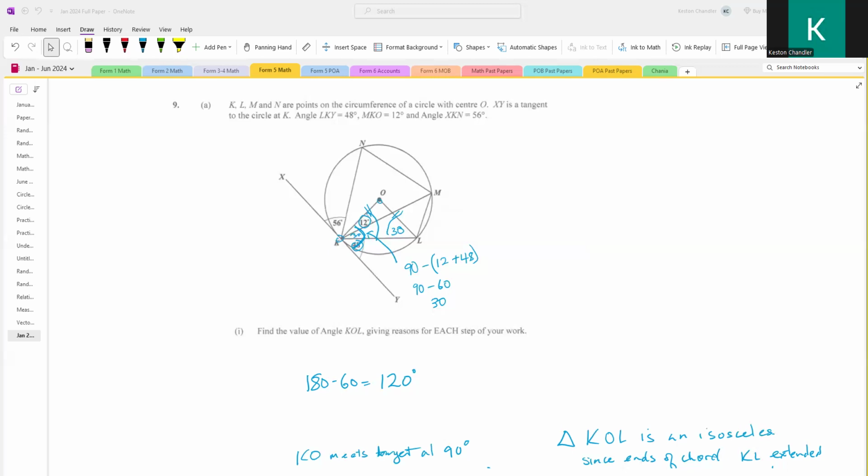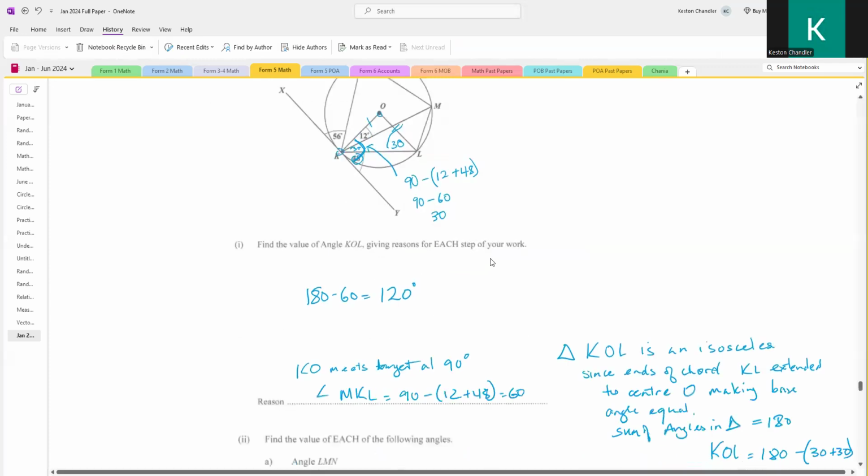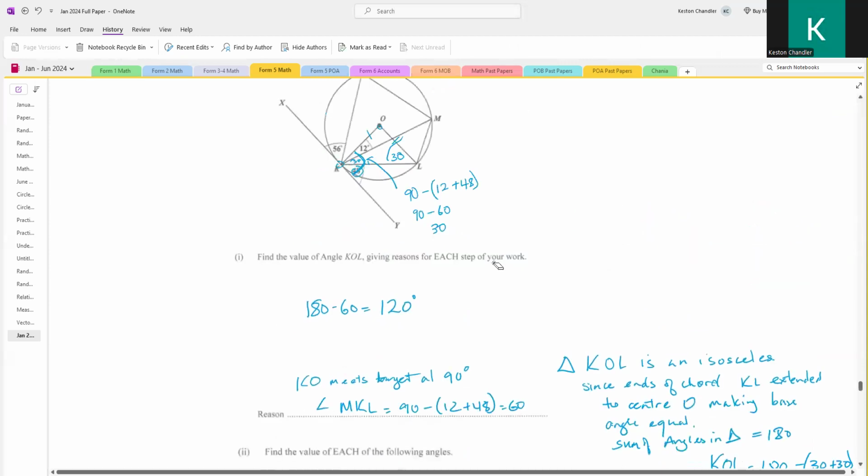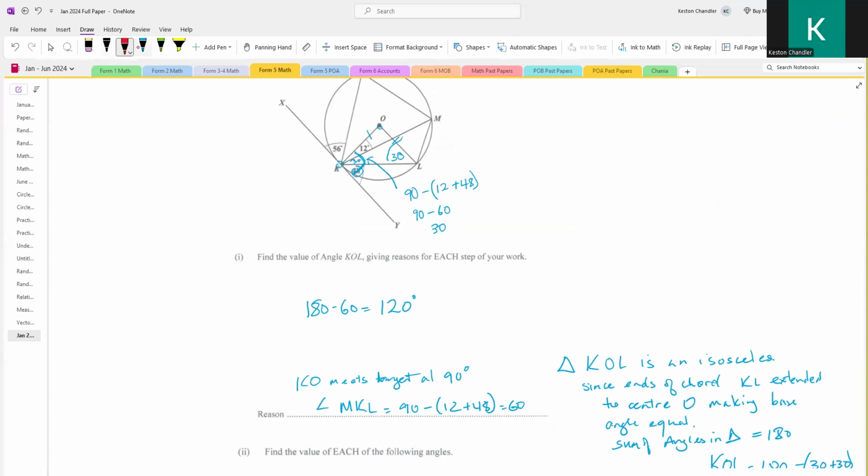That's not it. This is not just 30 again. This is 42. Right, I'm making a mistake here. The angle here is 30. This here is 30. This whole thing here is 42, so this whole thing here is 42 as well.